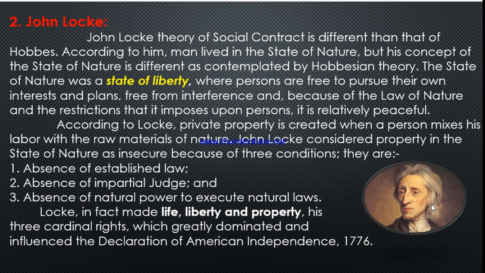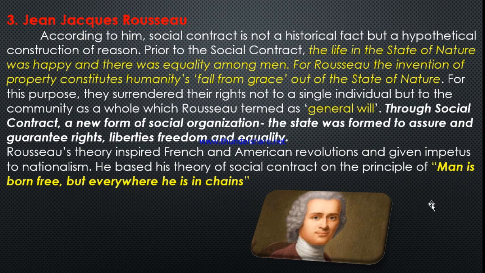So the main difference is that according to Thomas Hobbes, man was nasty, brutal, and a dangerous creature in ancient societies, while according to John Locke, man was peace loving, and they chose the servant in return to protect their properties, their lives, etc.